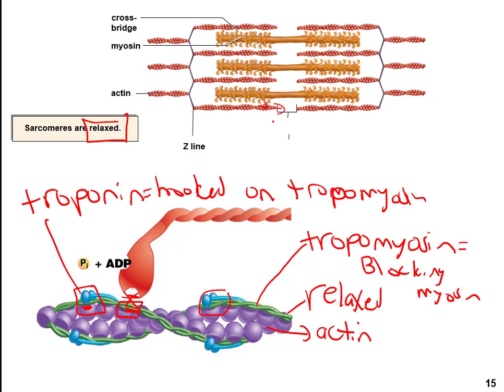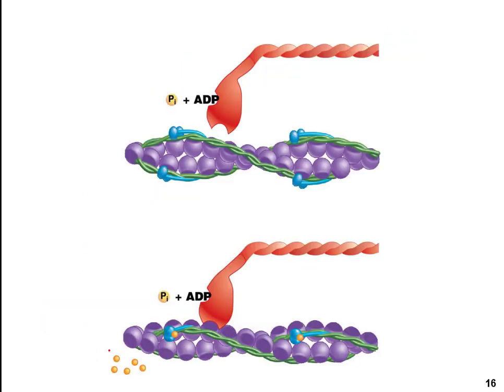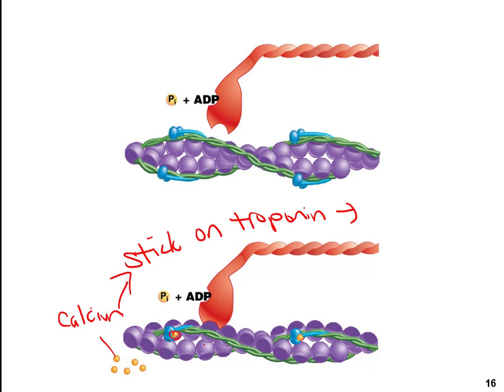But remember, calcium, this little orange stuff, has just been released from the sarcoplasmic reticulum. When calcium gets released, it will stick to the troponin. When this happens, it's going to pull that tropomyosin thread away.